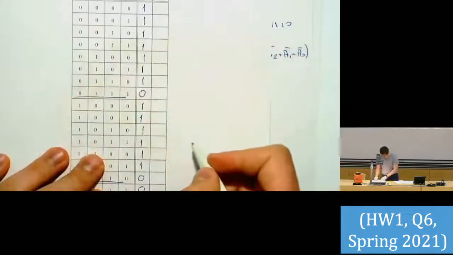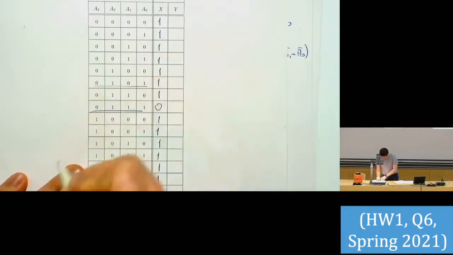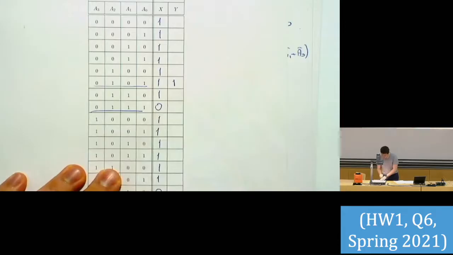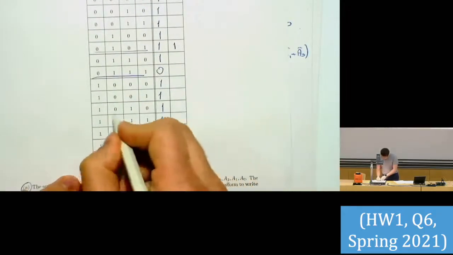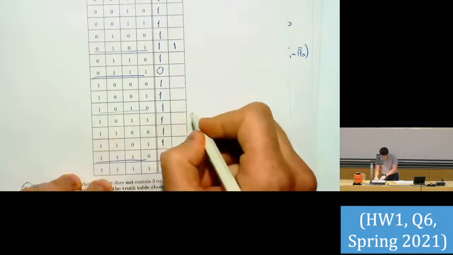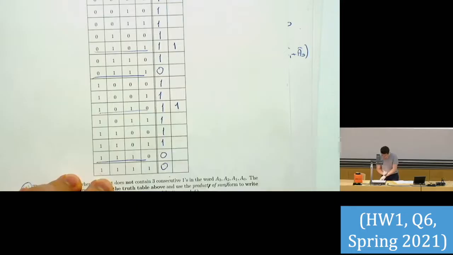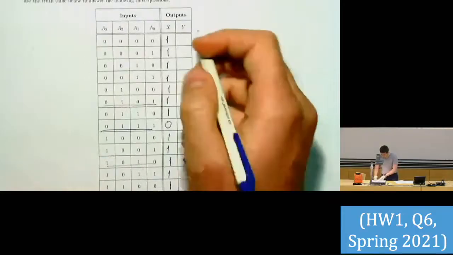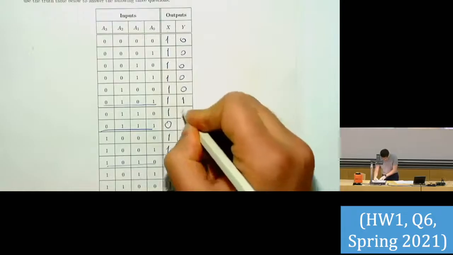So here, I don't have any adjacent input equal to each other, so this should be 1. And here, I also don't have any adjacent input equal to each other, then this should be 1, and the rest should be 0, because for the rest of the cases, I will have at least two adjacent inputs equal to each other, so the rest is 0.